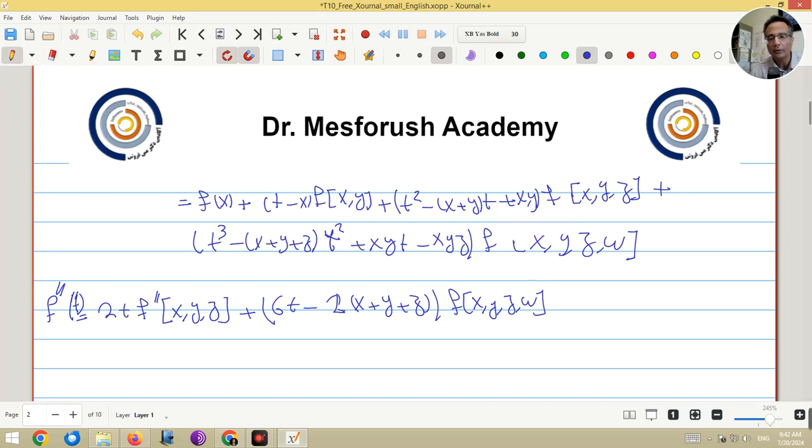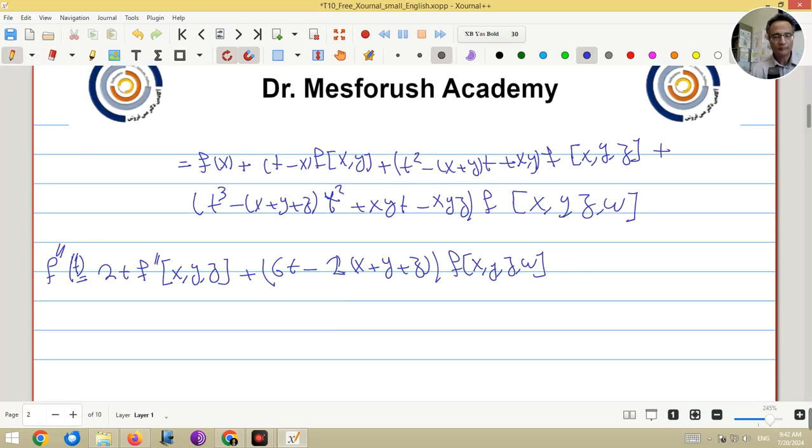Now it is fixed. Right. Now we set t equal to x plus y plus z over 3.